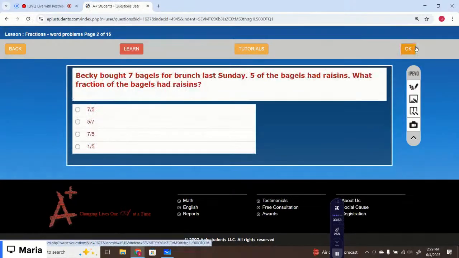Becky bought some bagels for brunch last Sunday. Five of the bagels had raisins. What fraction of the bagels had raisins?